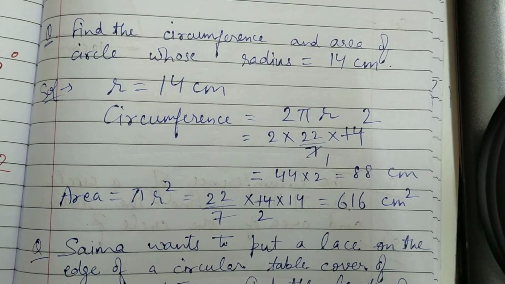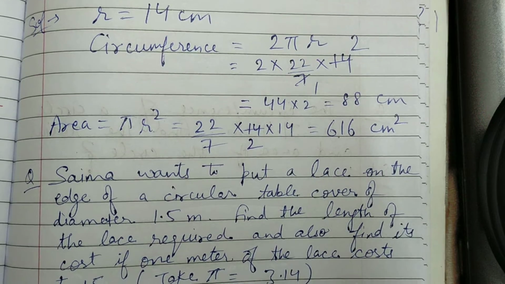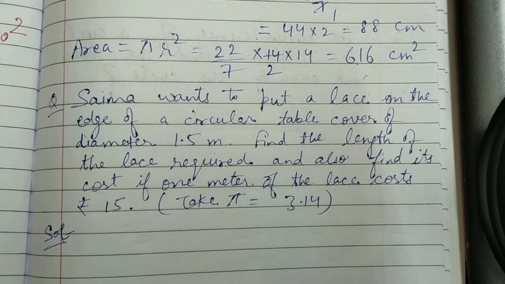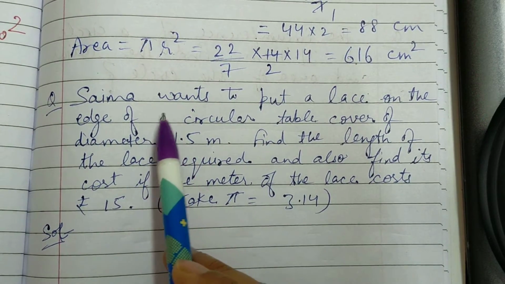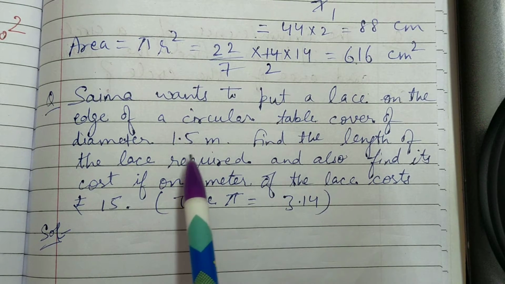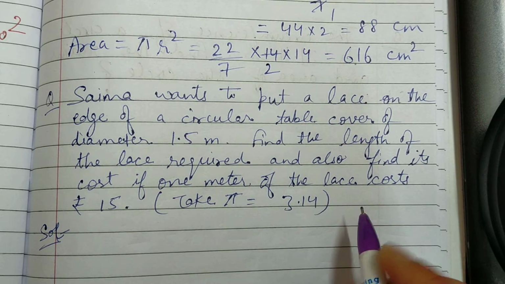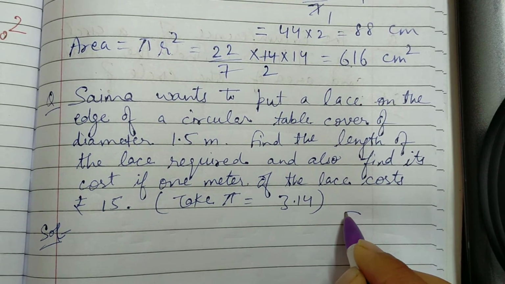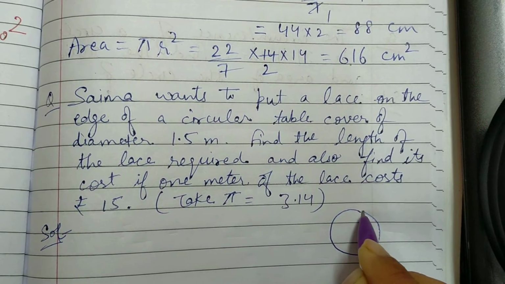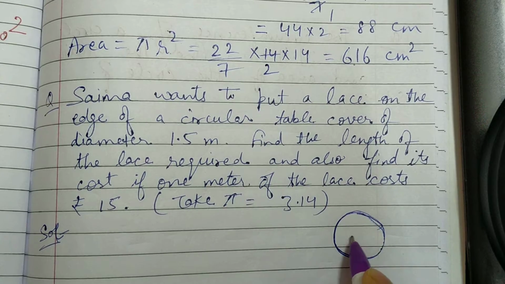Now next question. Next question is, Simon wants to put a lace on the edge of a circular table cover of diameter 1.5 meter. There is one table in the form of circle and its diameter is given.